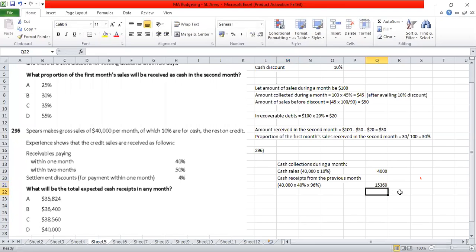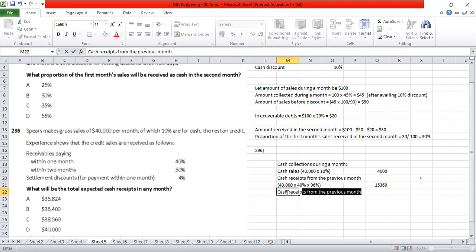So it is only 15,360. Then cash receipts from sales made 2 months prior.